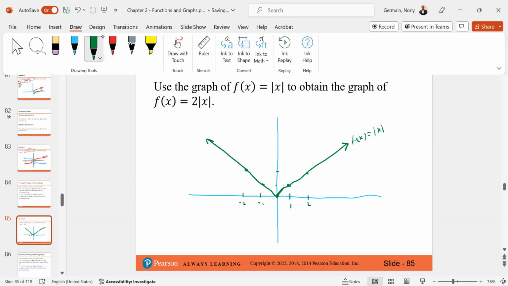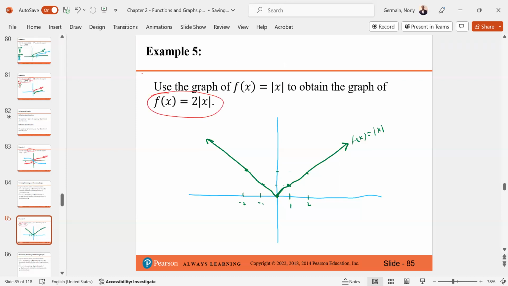But when you look at these functions right here, if x is 0, definitely y would be 0 because absolute value of 0 is 0, and 2 times 0 is 0. If x is 1, absolute value of 1 is 1, but 2 times 1 is 2. This is what we're going to have. Then if x is -1, it gives you 1, and 2 times 1 is 2.